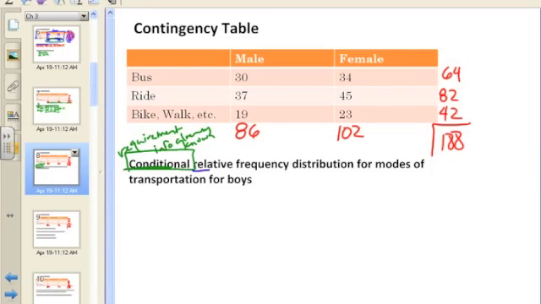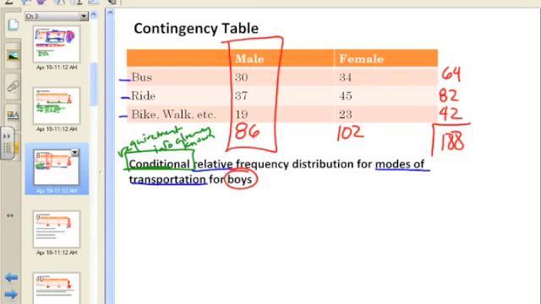Notice we're still doing relative, so our answers will be in percents. And we're going to look for the distribution, so how it's split up for modes of transportation. So we're going to be considering transportation, people bus, ride, or walk. And it says specifically boys. Boys. That's my condition. That's my requirement. That's my piece of information that's already known. I only am going to look at the boys.